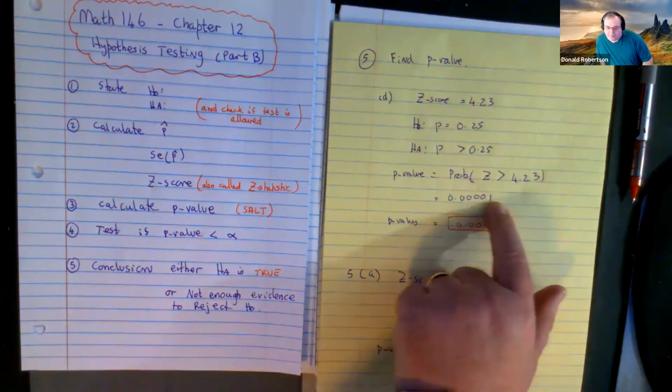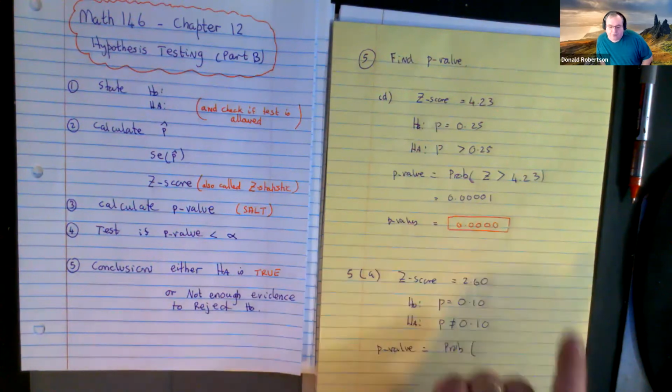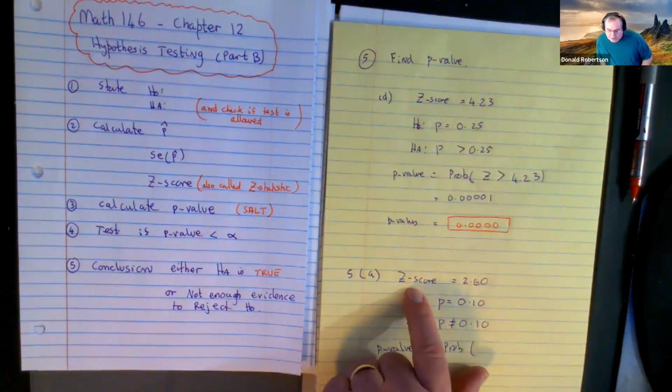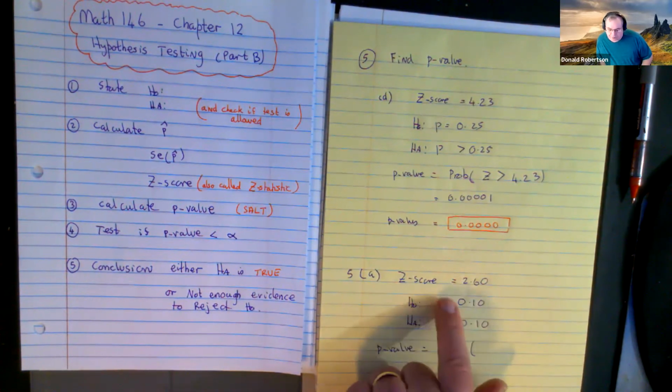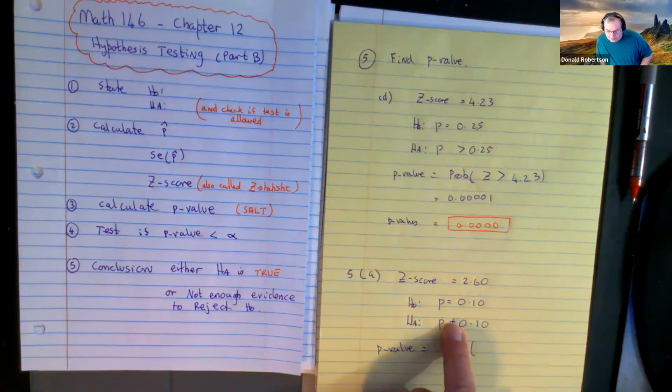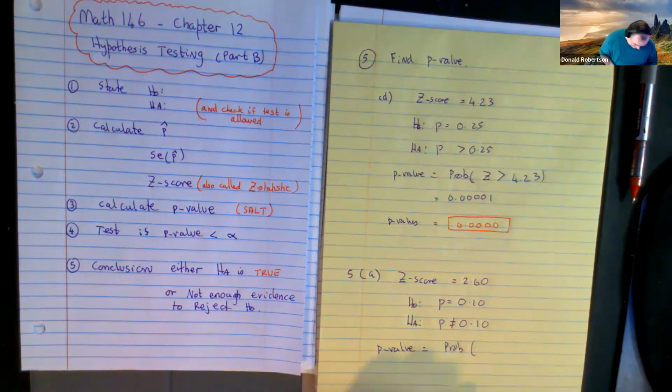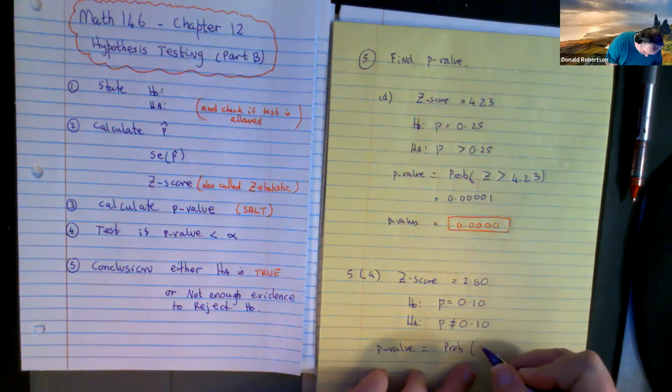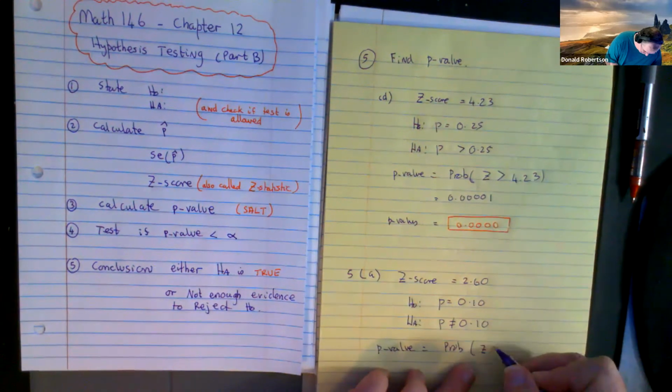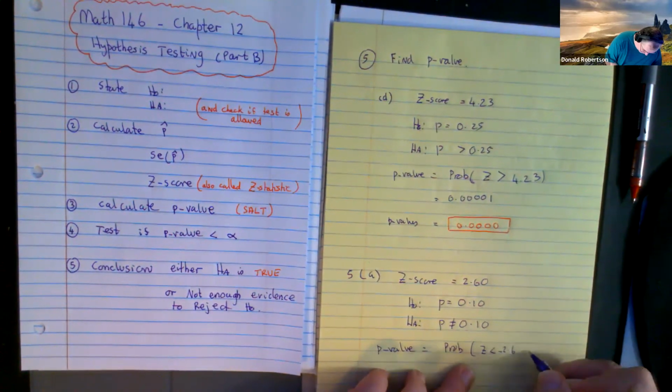That's what we got out of SALT. That was the 0 I was talking about a minute ago. Right, this one, you're told the z-score, you're told the null and alternate, and you're being asked to get the p-value. When it's these guys, it's a little bit messy. It's less than this guy and or more than that guy.